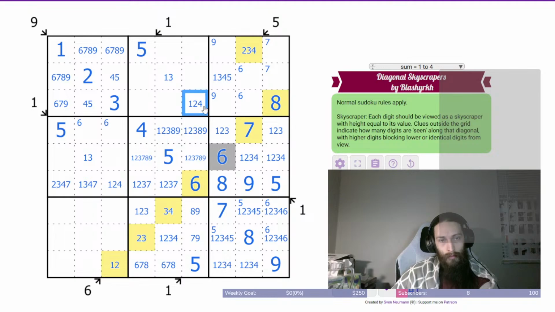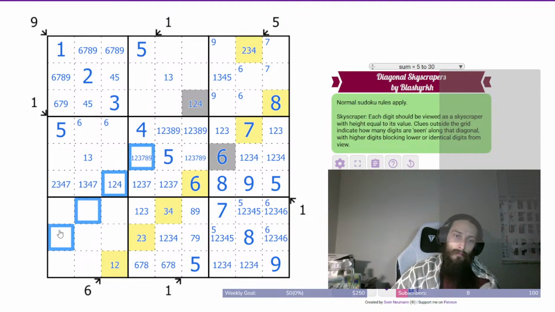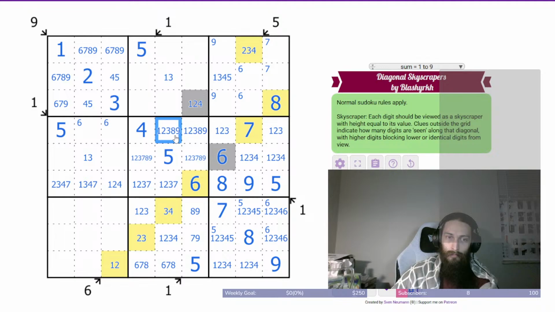That would have to be not seen. The next, you wouldn't be able to see that one because 1, 2, 3, 4 would be the max that could be seen. So that can't be seen. Because if that's an 8, that would be the 4th one that would be visible if the second one can be seen. Yeah. So we'd have to say 4, 5. That one can't be seen.